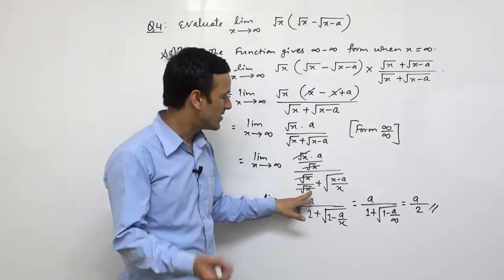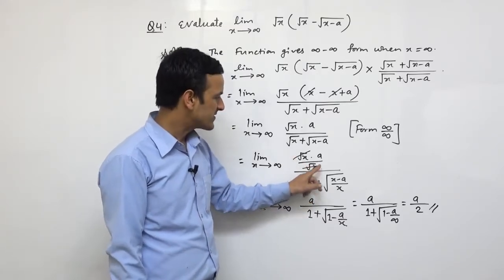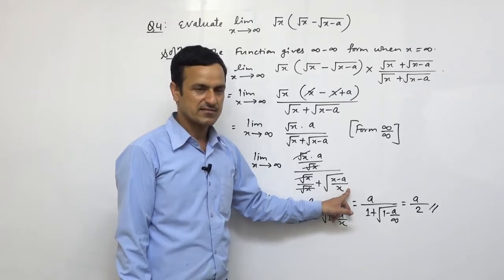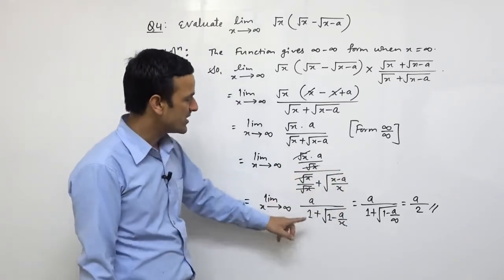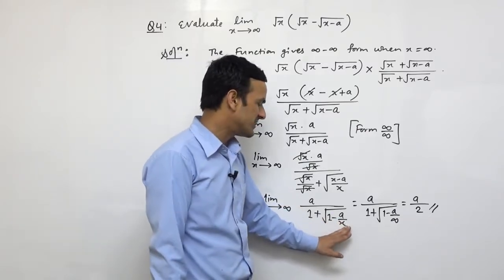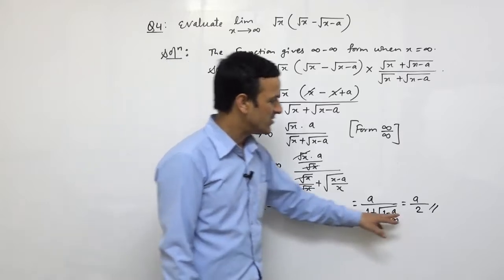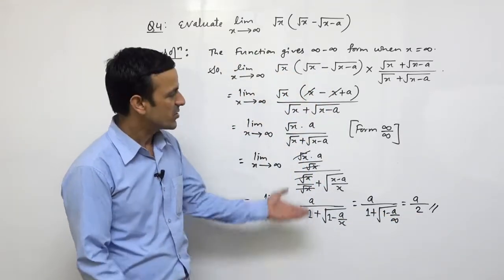This is the rule. So we can divide by root x and root x. After simplifying or cancelling the terms, we get such a term, and finally we substitute x by infinity and we get the required term a upon 2. So this is the required solution.